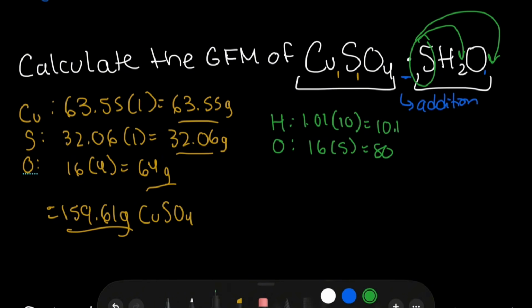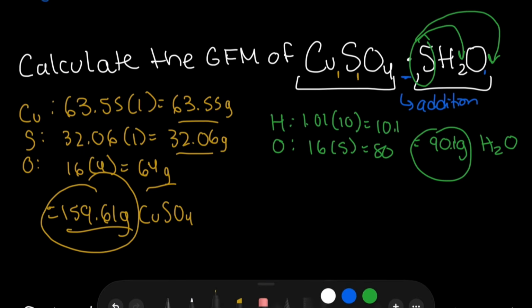Now we add these again, and we get 90.1 grams of 5H2O. What matters are these values, the 90.1 and the 159.61.